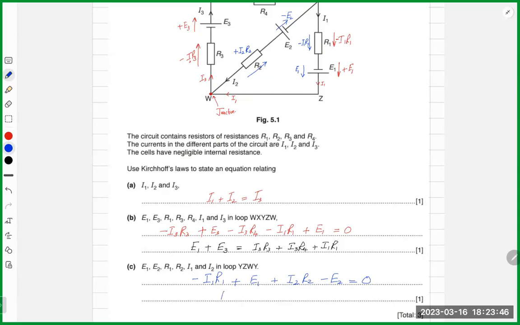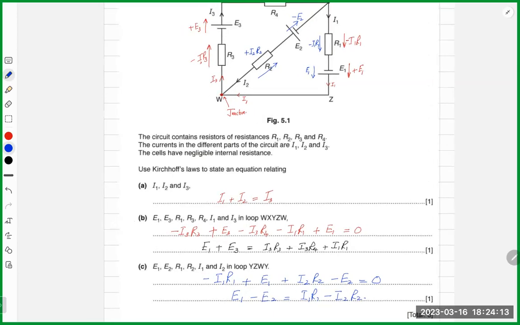So it can become E1 minus E2 equals I1R1 minus I2R2. So it is a 1 mark question for each equation, and this is how this question comes. You don't have to do anything further or anything less than this one.